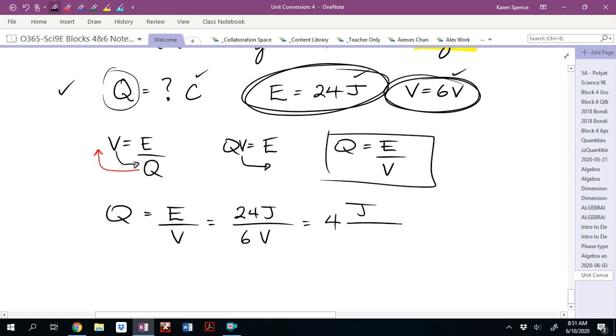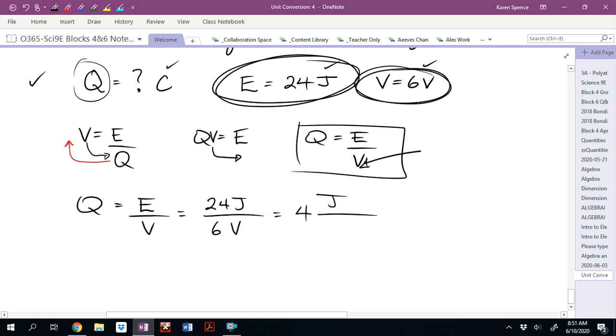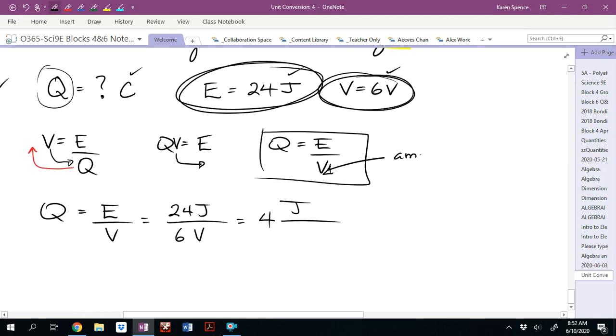Now I have joules over, now remember a volt is the amount of energy, which is measured in joules, per quantity of charge. The amount of energy contained or stored in a quantity of charge, and the unit for quantity of charge is the coulomb.